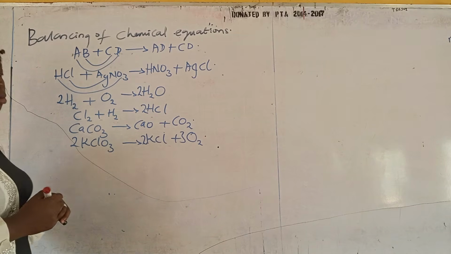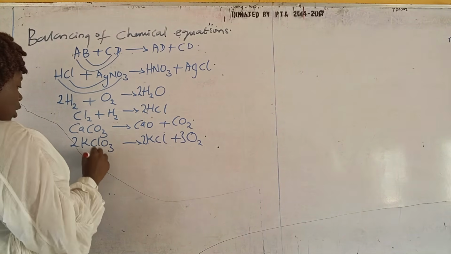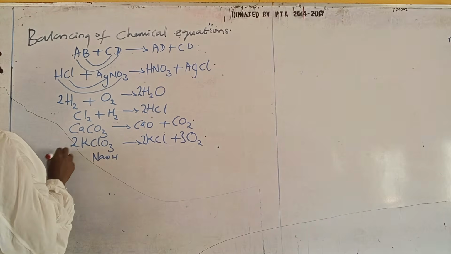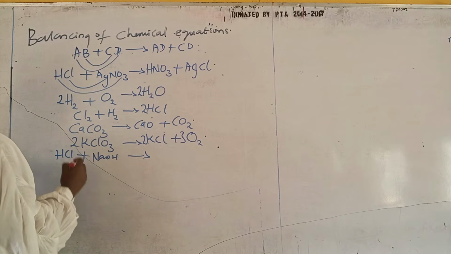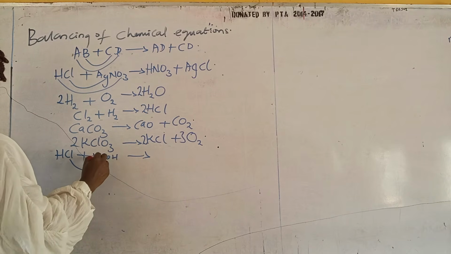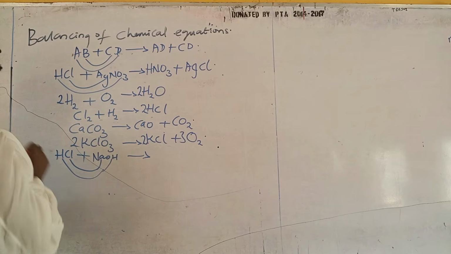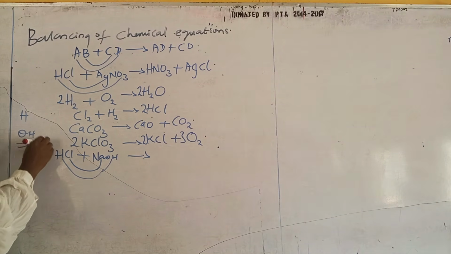So I'll be going to neutralization reaction, whereby you have your base NaOH reacting with my HCl to give, you can also use this method as well, like this. I usually tell students, whenever you cite hydrogen and you cite OH, know that H2O will be formed.